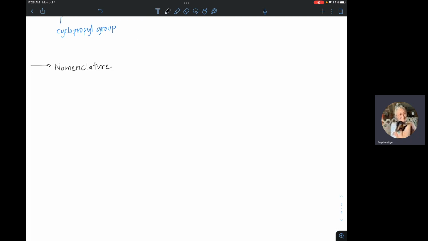If there are other groups attached to the molecule, we have a numbering system that acts as the postal address on the molecule for whatever group you're talking about. That systematic nomenclature is also known as the IUPAC system.